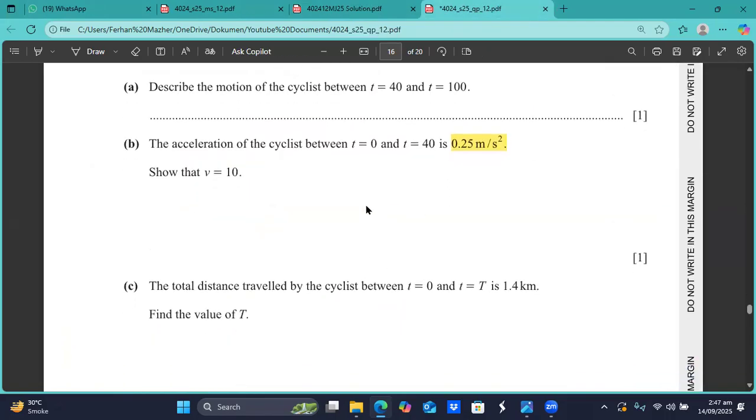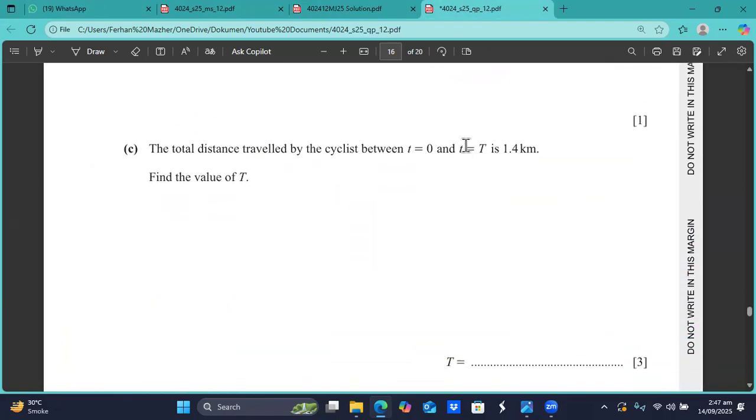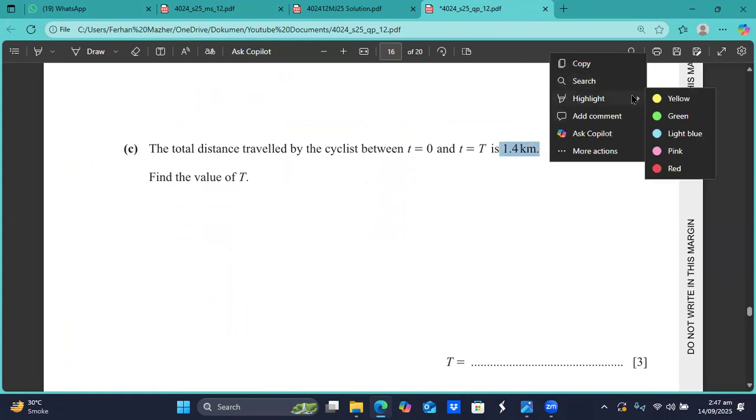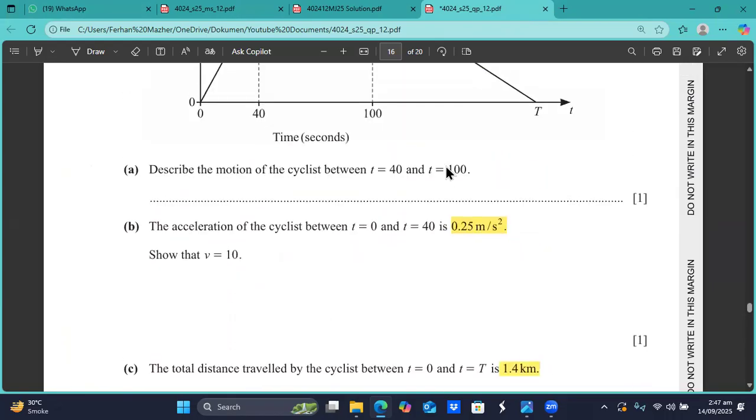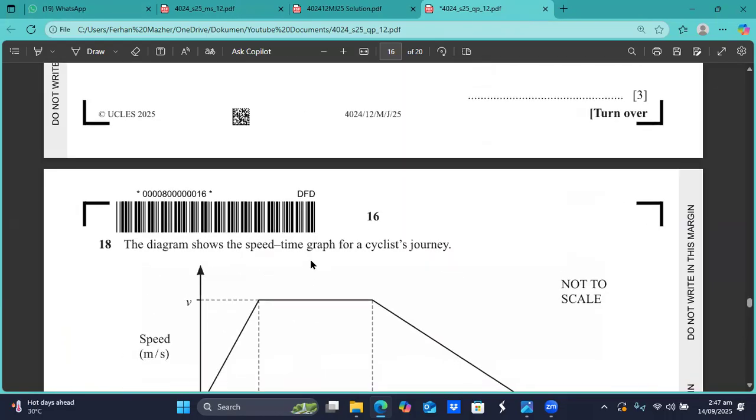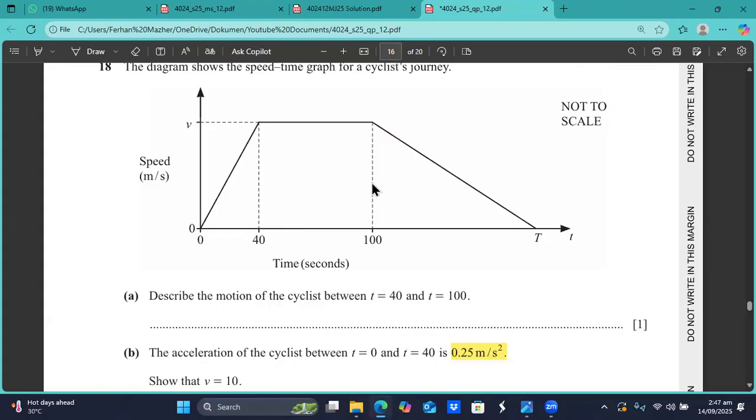Okay, then we have the total distance traveled by the cyclist from T0 to capital T, which is 1.4 kilometers. You know this: the area under the speed-time graph represents the distance traveled. This T is the question.